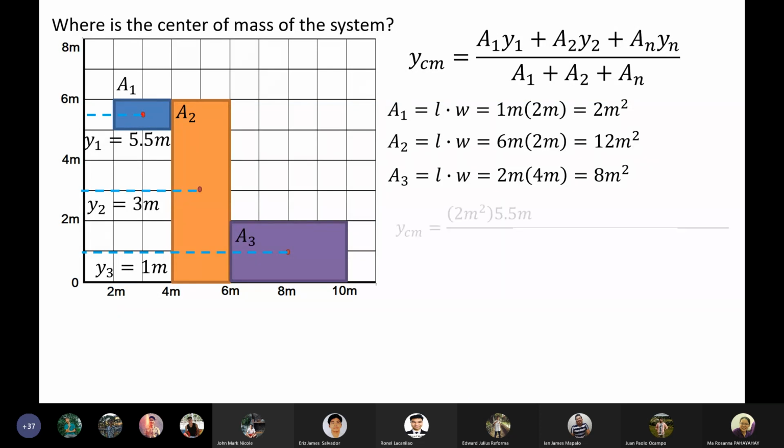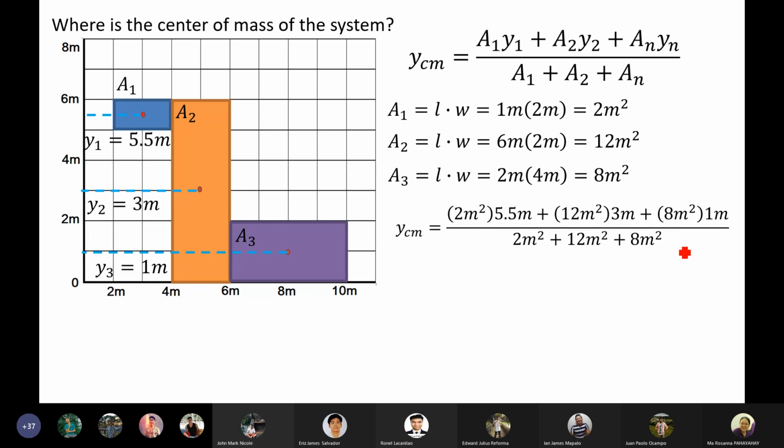Therefore, our formula now will be area times its position along Y, that is 5.5, plus 12 times position ni area 2, that is 3 meters, plus 8, then its position is 1 meter, divided by the sum of all their areas, and the answer here is 2.5 meters.